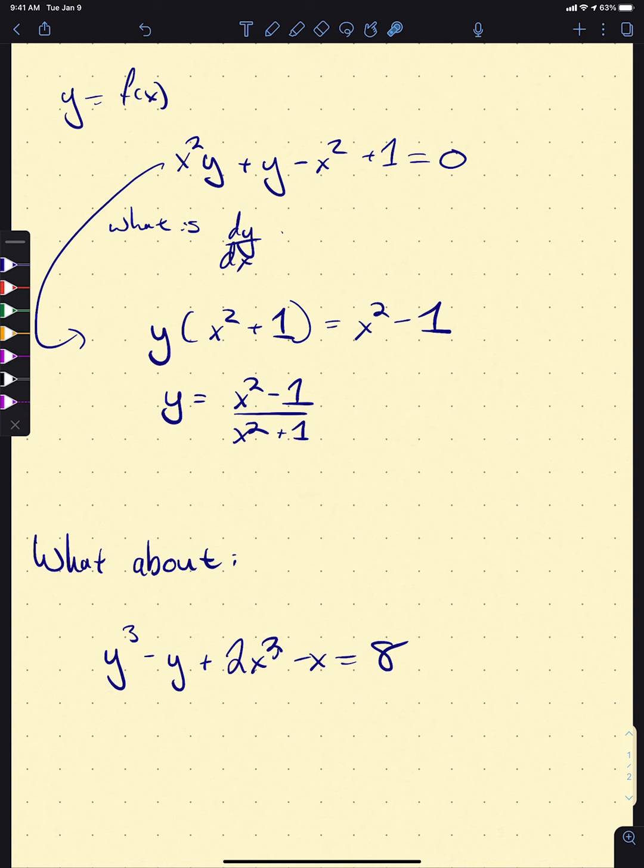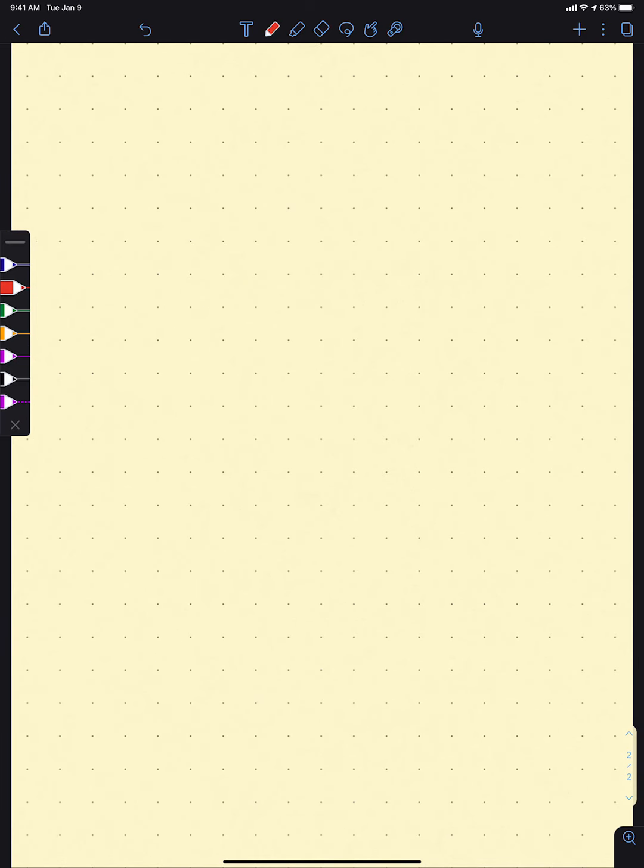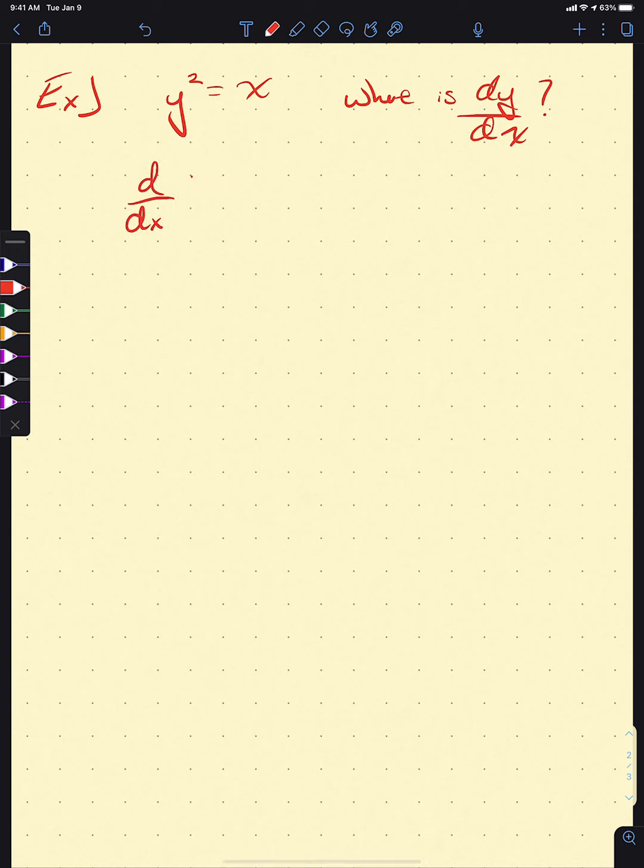But in order to do that, let's take a look at a simpler example. Let's say y squared equals x, and we're asking what is dy dx? Well, in order to do this, we would want to take the derivative of both sides. So you would look at d dx of y squared is still equal to d dx of x. How can we understand this?